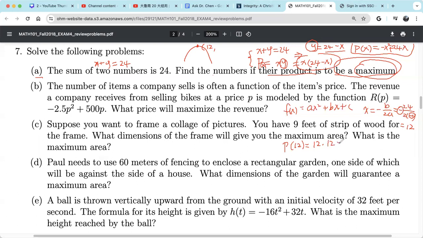So 12 times 12 is 144. So the maximum product is 144.